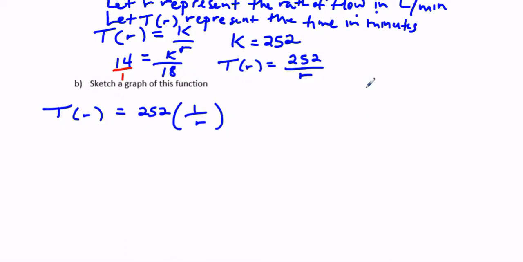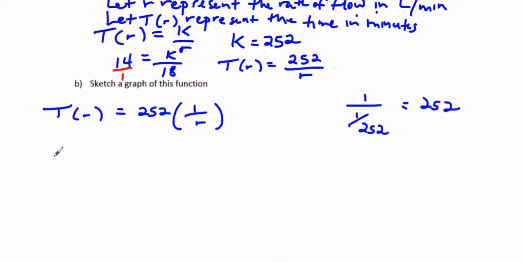Or there's another way you can think about it. If you wanted to think about it in terms of reciprocal functions, you could rewrite this so that it has a 1 on top. So 1 over 1 over 252. What does that equal? Basic rules of division of fractions say that you flip this and multiply. So if I flip this and multiply by 1, I'm going to get 252.